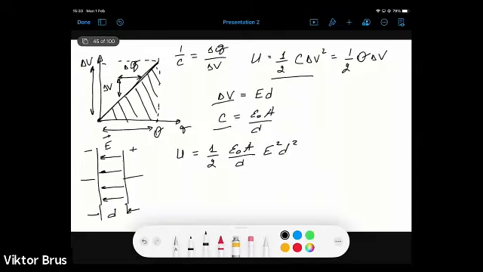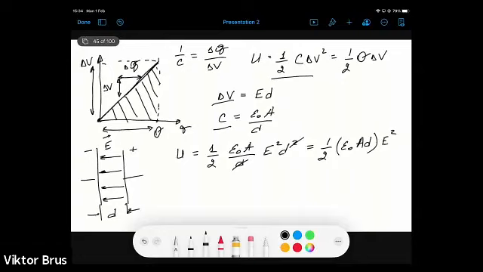So now we can cancel out this D and square here and rearrange this expression a bit. So we have 1/2 epsilon 0 A times D times E squared.